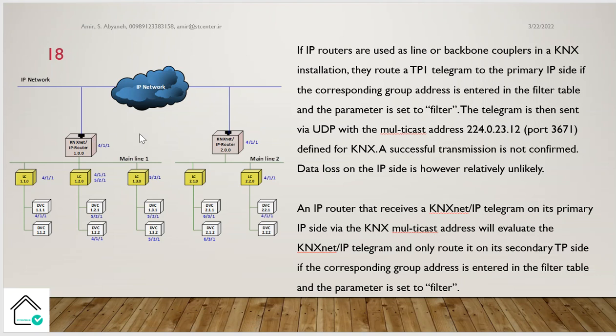It's going to be multicast through the other IP router as a backbone coupler, area coupler. So if the destination address is located in the filter table, then it will be routed, otherwise it will be blocked.